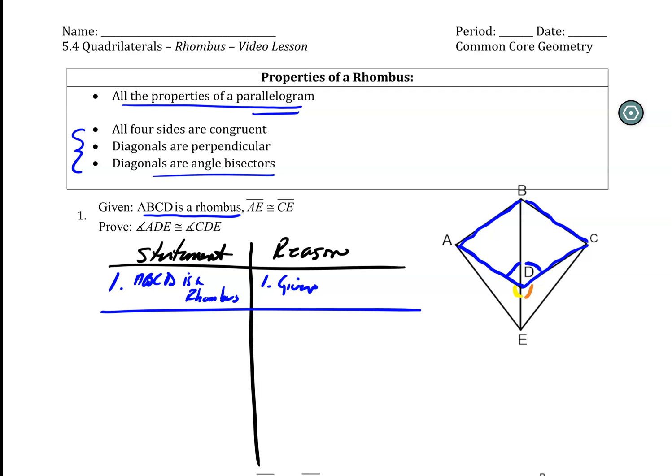Now, if they didn't have that diagonal there, this would be a little bit more work. You'd have to get a little bit more creative. Typically, these kinds of proofs are looking for us to find, for example, this triangle here and this triangle here, and then prove that they're congruent, and then that would say that their parts are congruent using CPCTC, which would be specifically this ADE and the CDE ones.